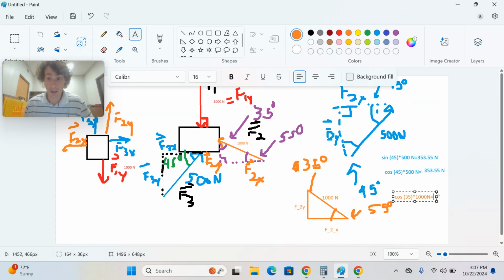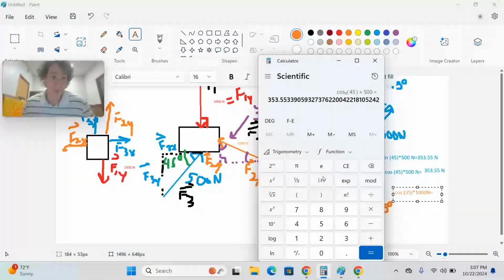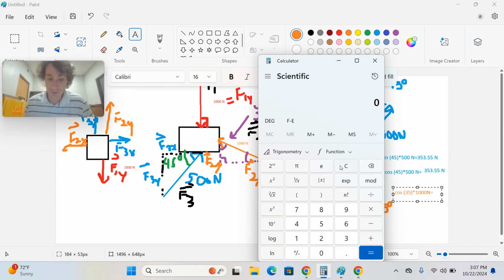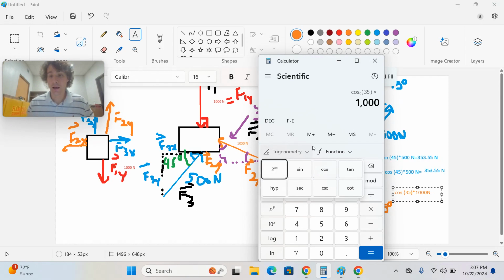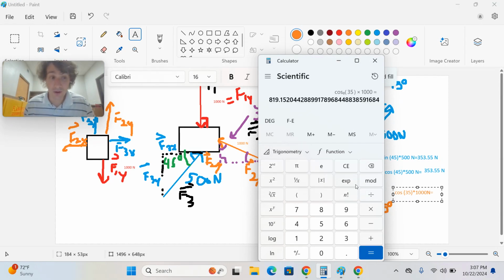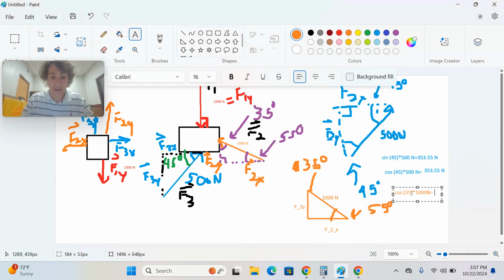This will be y. So what is that? I don't know off the top of my head what cosine of 35 is, so we say, hey, Mr. Calculator, do the work for me. Cosine times 1,000, and we get 819.15.